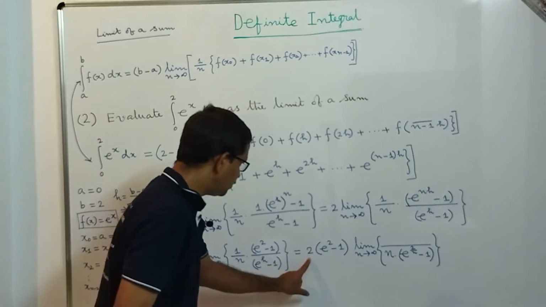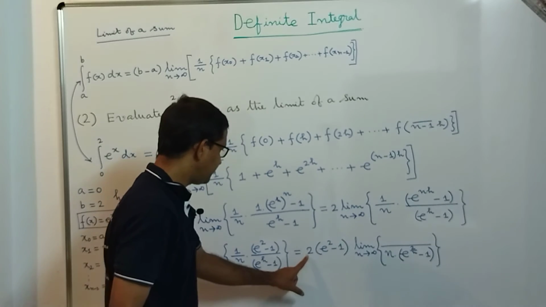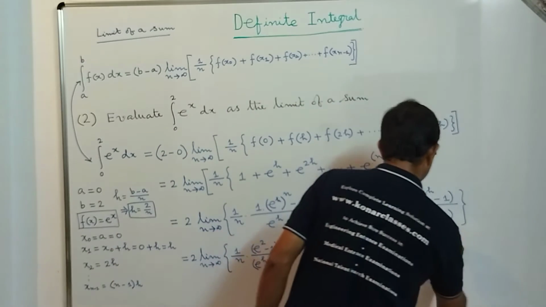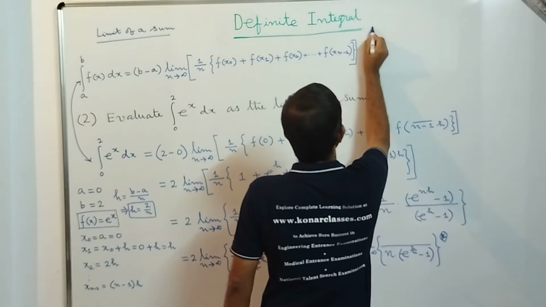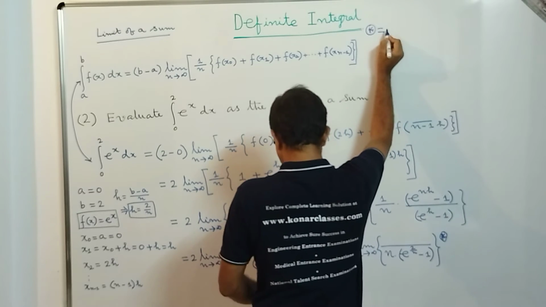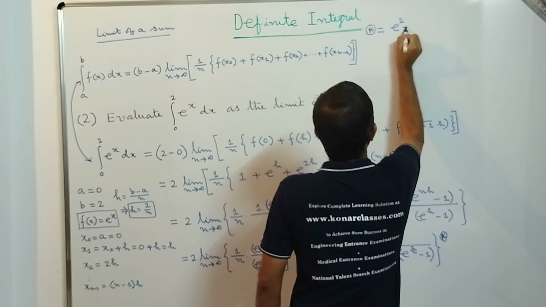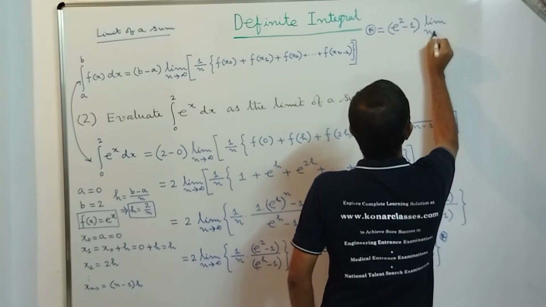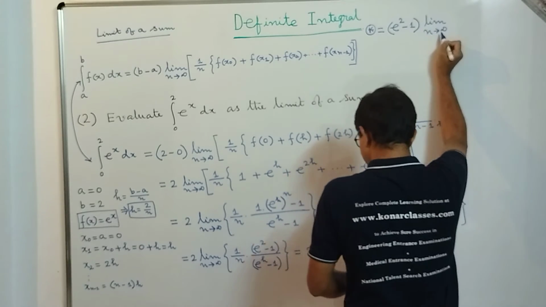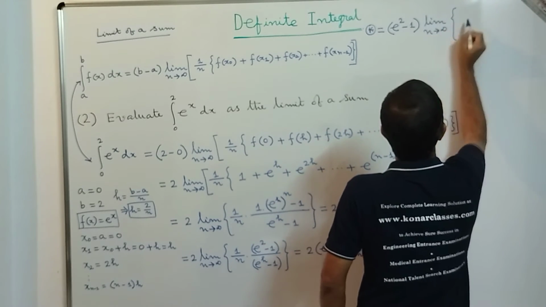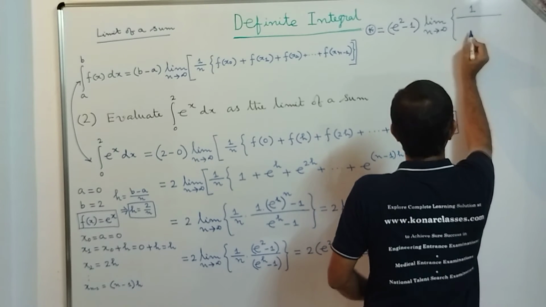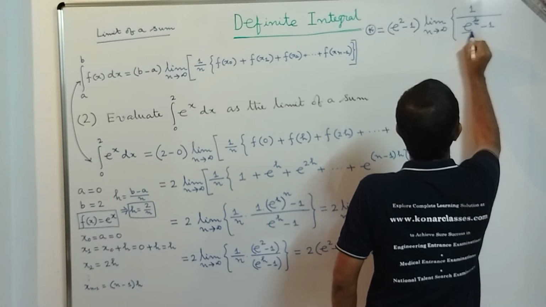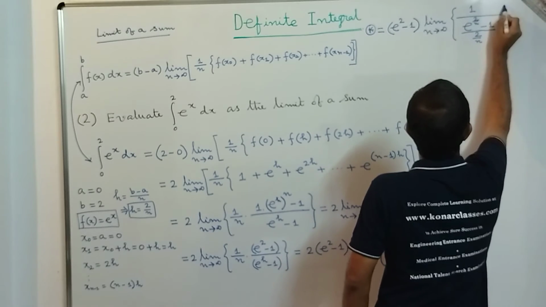So now these two we can bring it here, so that becomes 2 by n. In the next step, this is equal to e power 2 minus 1 into limit n tending to infinity of 1 by e power 2 by n minus 1 divided by 2 by n.